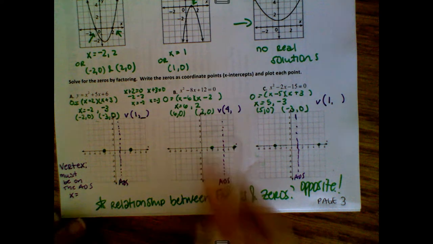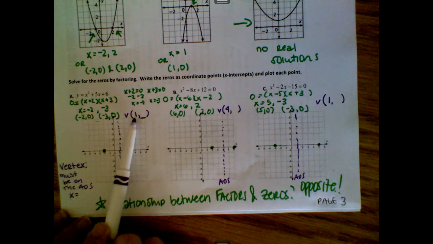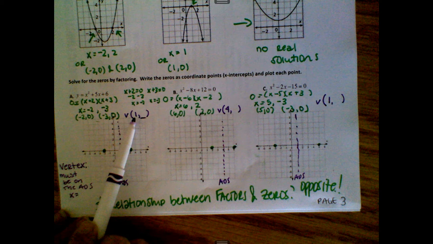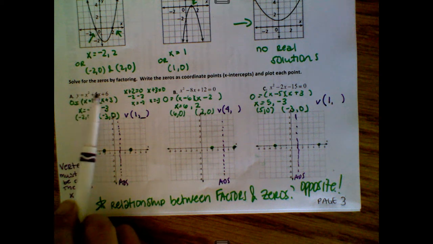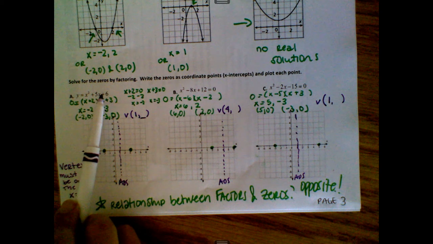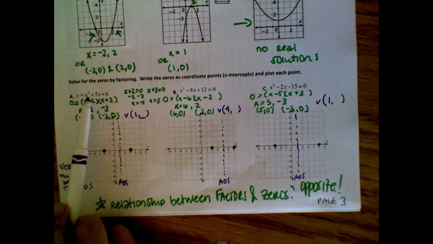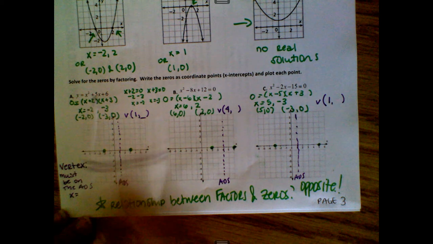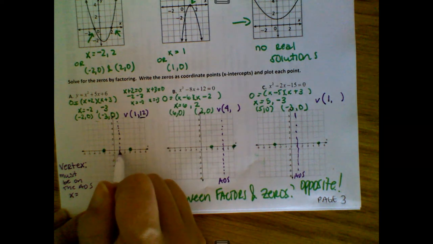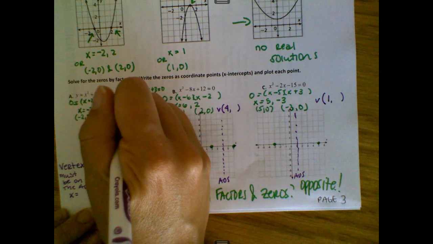So how do I figure out those y values? Well, I have an x value. I have an equation that takes in x's and spits out y's. All I have to do is plug in 1 where I see the x's. So that would be 1 plus 5 plus 6, which equals 12, right? 1, 6, 12. So then I go to 1 up 12, which is all the way up here.